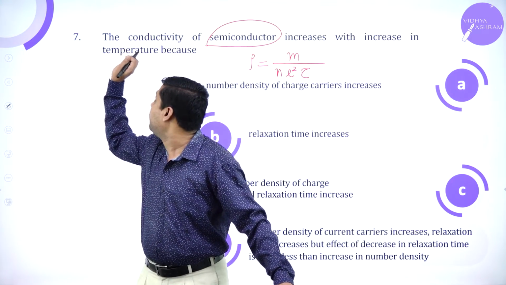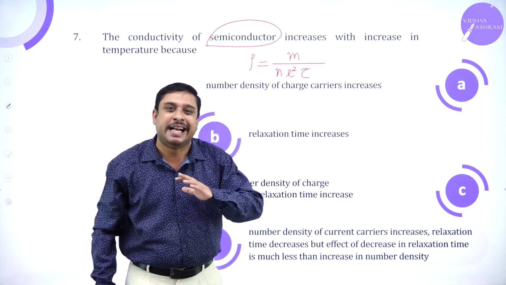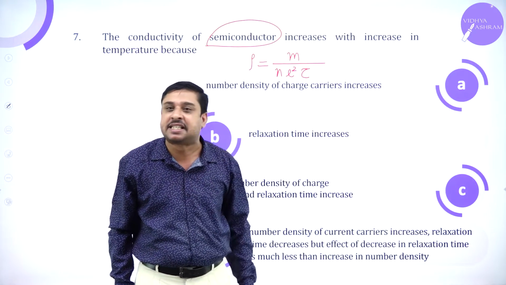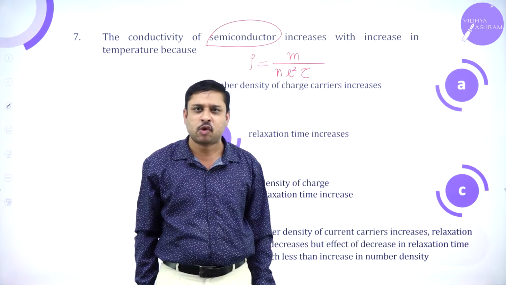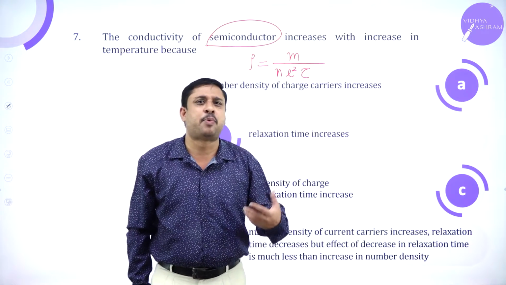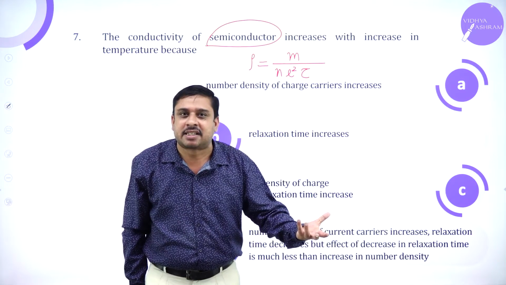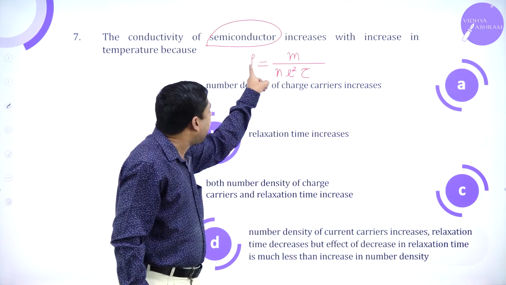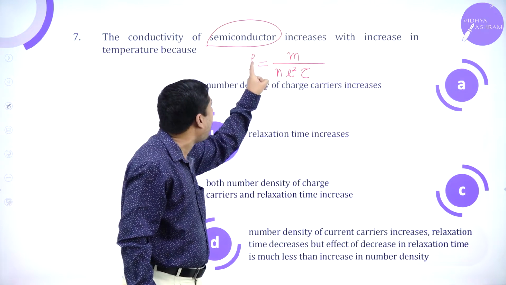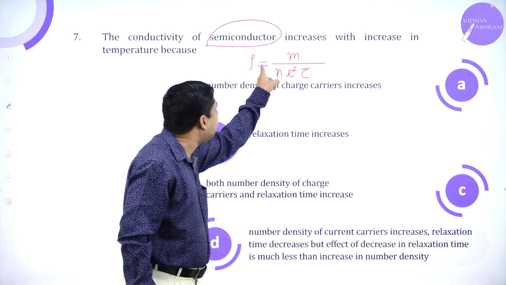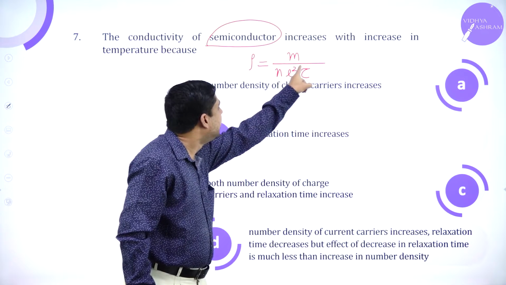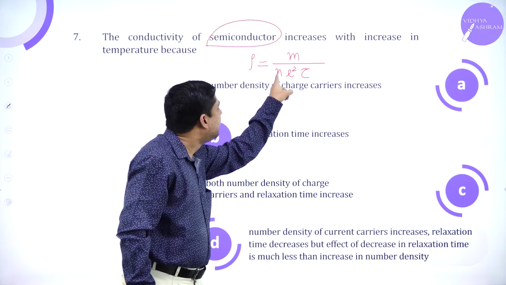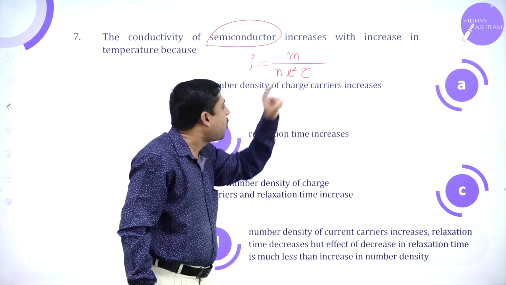He is giving me the question in terms of conductivity. So we know the reciprocal of conductivity is resistivity, and we have an expression for resistivity as m divided by n e square tau.